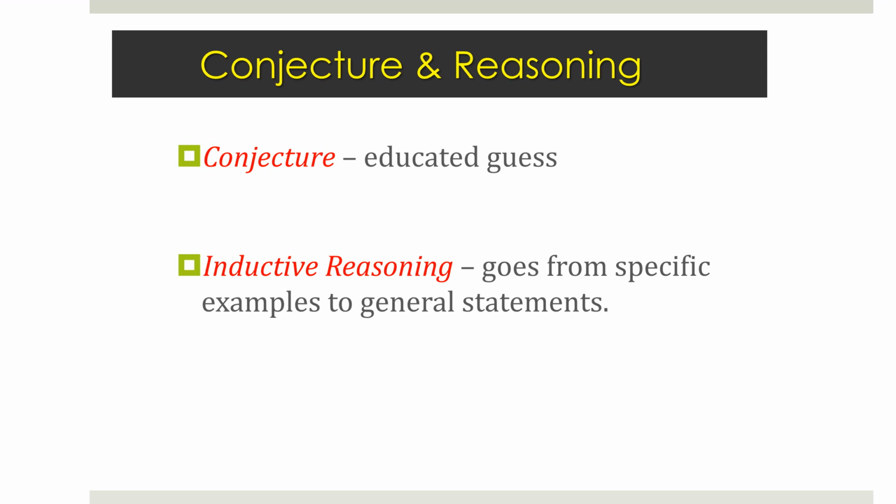Eventually we're going to realize that anytime I drop the clicker, it's going to fall. The same thing is true here. We'll look at a triangle and talk about the angle sums in that triangle. Then we'll look at a different triangle, and eventually we'll be able to make general statements. And we've already kind of done that. As opposed to deductive reasoning, which goes the other way. It takes general statements and looks at specifics.